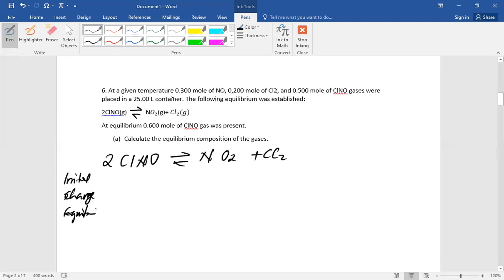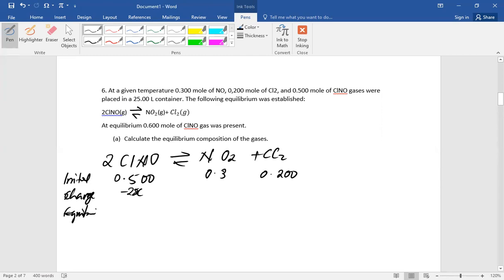So the initial number of moles here was 0.03 for nitrogen dioxide, then 0.300, and then we have 0.200 and 0.500.